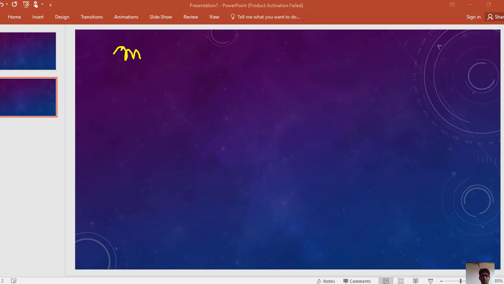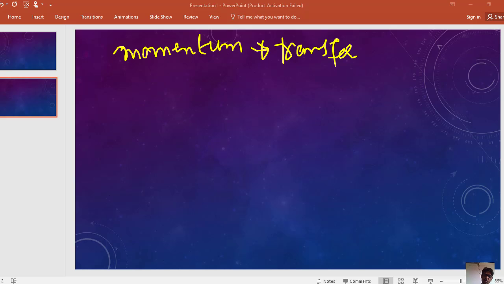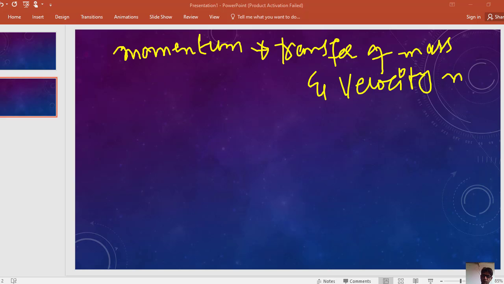In momentum transport we are discussing the transfer of mass and velocity, which is momentum.